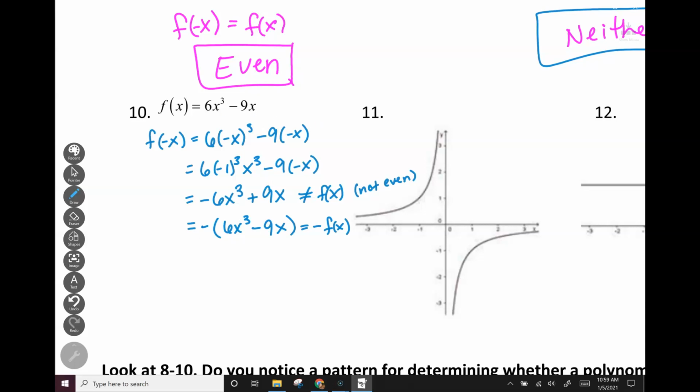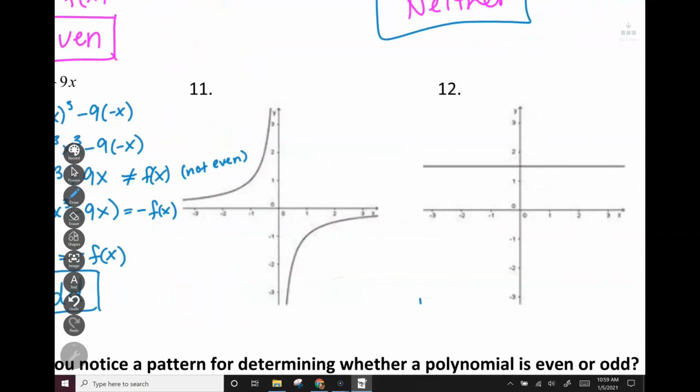So it's negative f of x. So because f of negative x equals negative f of x, this is odd. Okay, so that's how you can determine whether a function is even or odd.